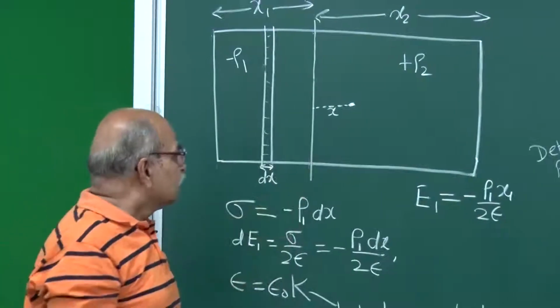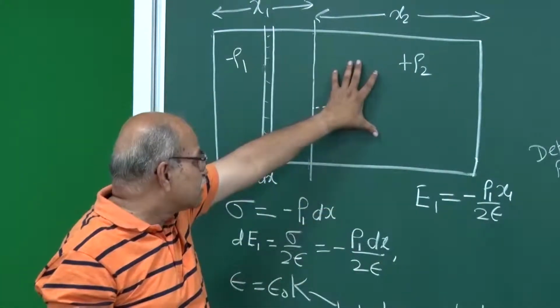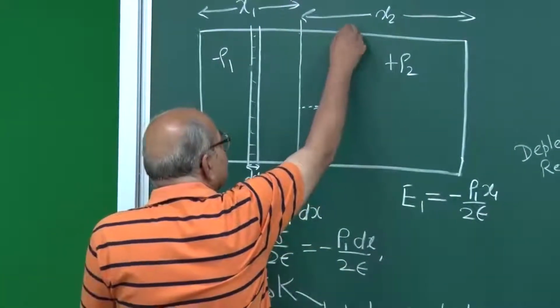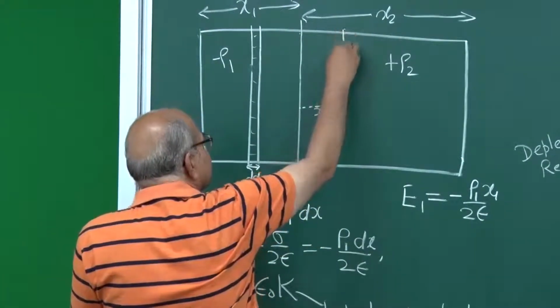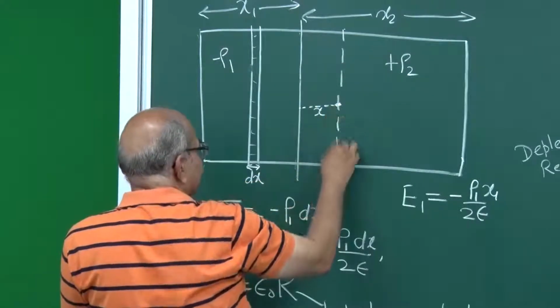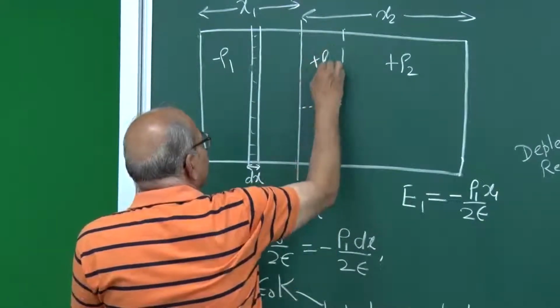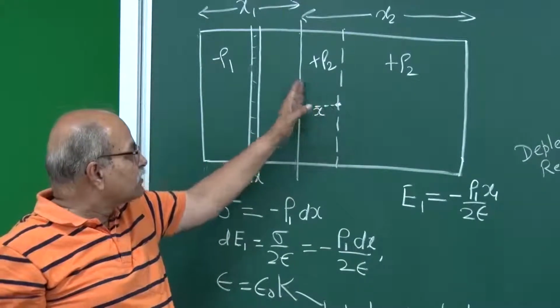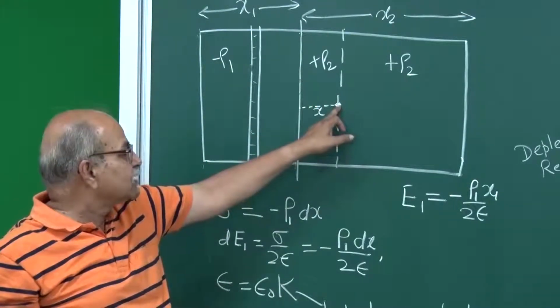Okay. Then come to the second part. Here let me do it in two parts once again. Let's draw a line here, and this is all plus rho 2. So first calculate the field due to this part, which is to the left of the point chosen.